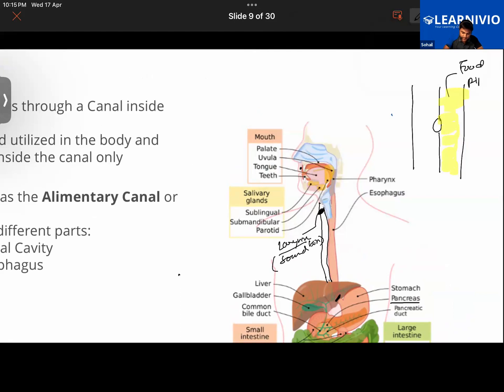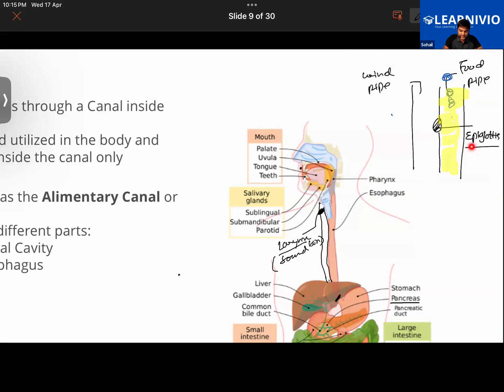Now imagine this yellow one to be the food pipe, and this is our windpipe, and the food is coming from your mouth. Normally this opening is closed by a lid-like structure called the epiglottis. Epiglottis.